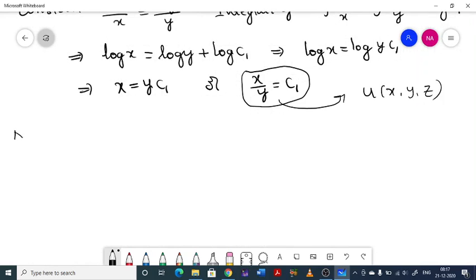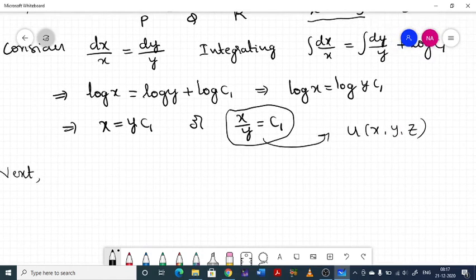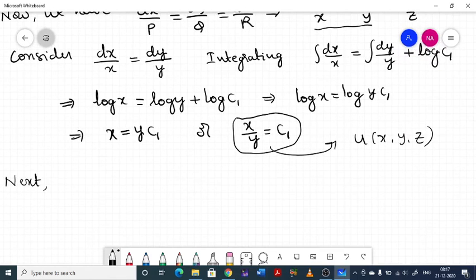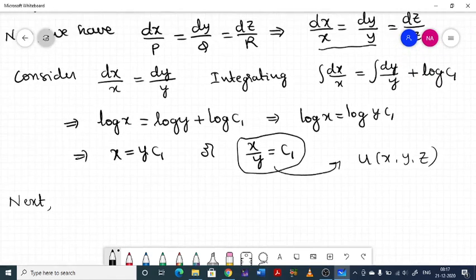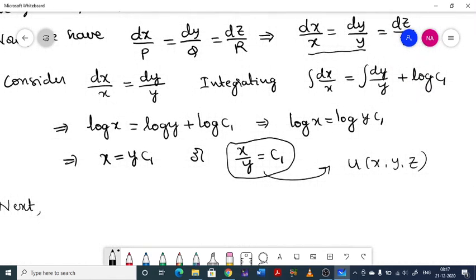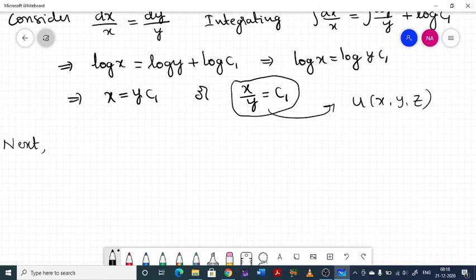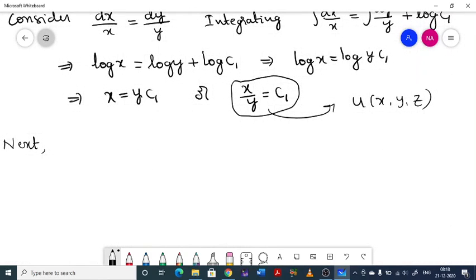Next, what do you have? First I have taken this one, dx by x equal to dy by y. Next let us take this, dy by y equal to dz by z.